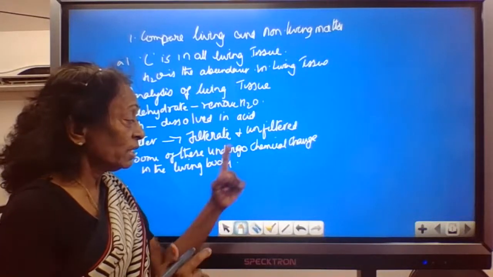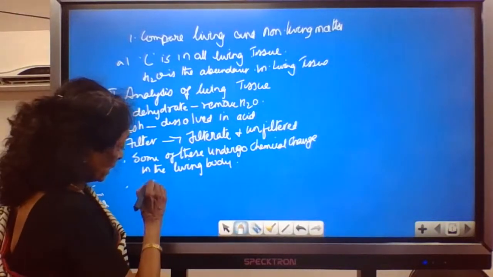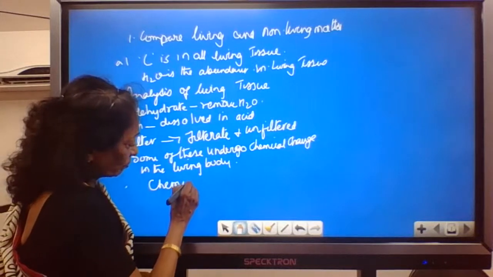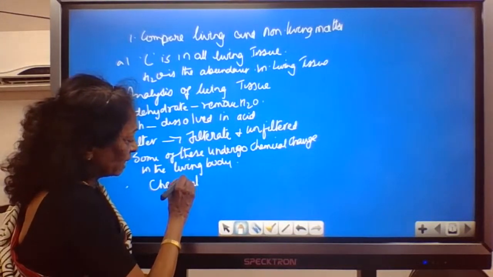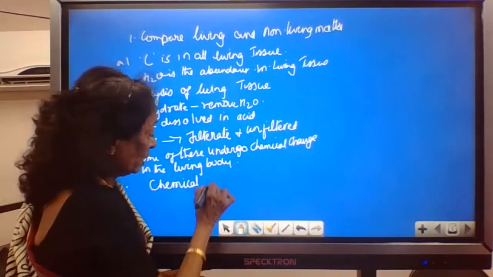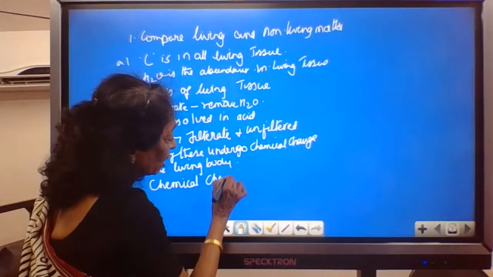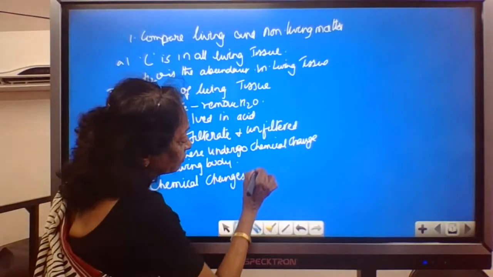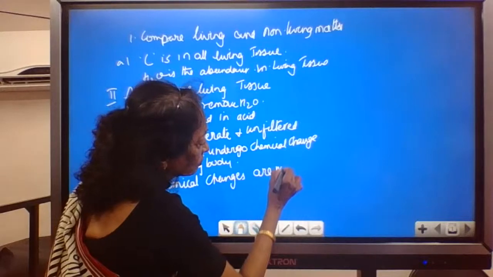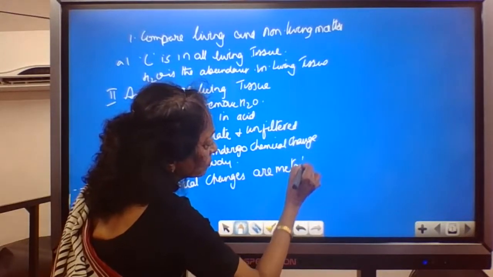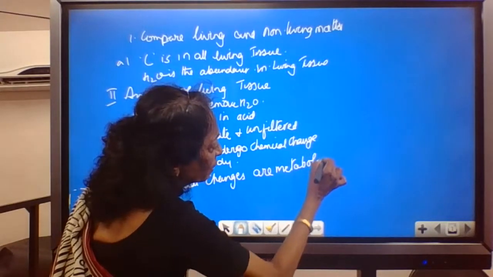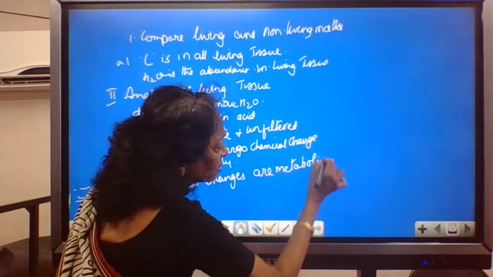What is common? These chemical changes are called metabolism, because this is essential when you go to the enzyme in this chapter. Chemical changes are known as metabolism, or metabolic reactions.